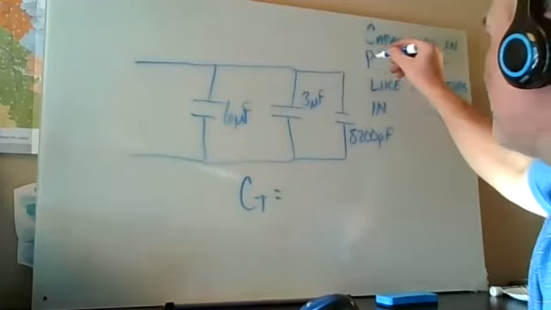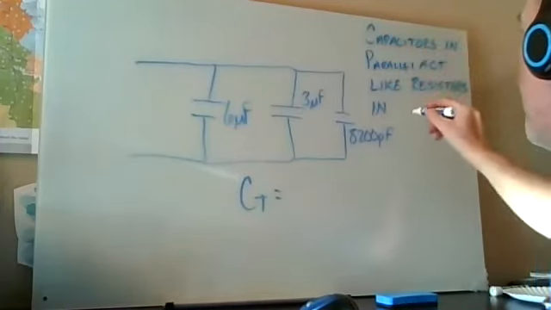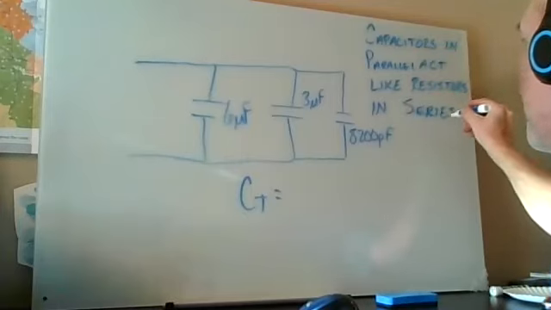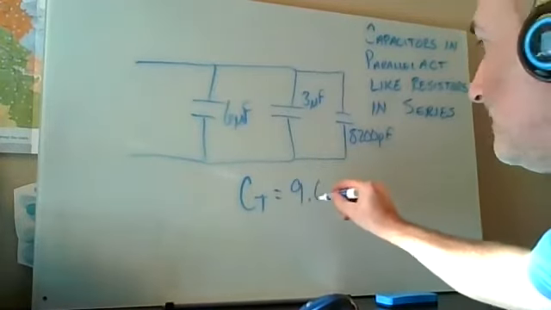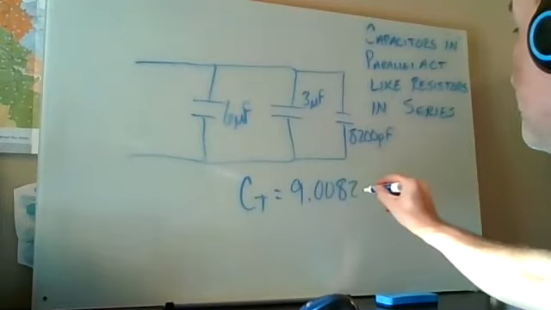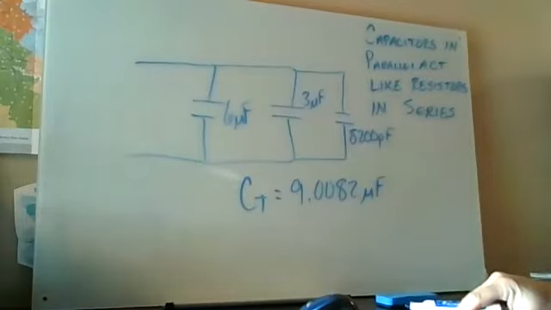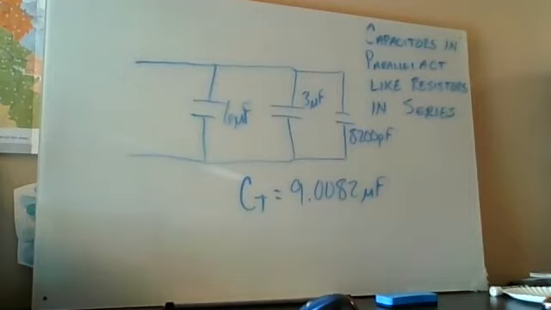So capacitors in parallel act like resistors in series. That's wonderful. So we just add them up. And you should get 9.0082 microfarads.